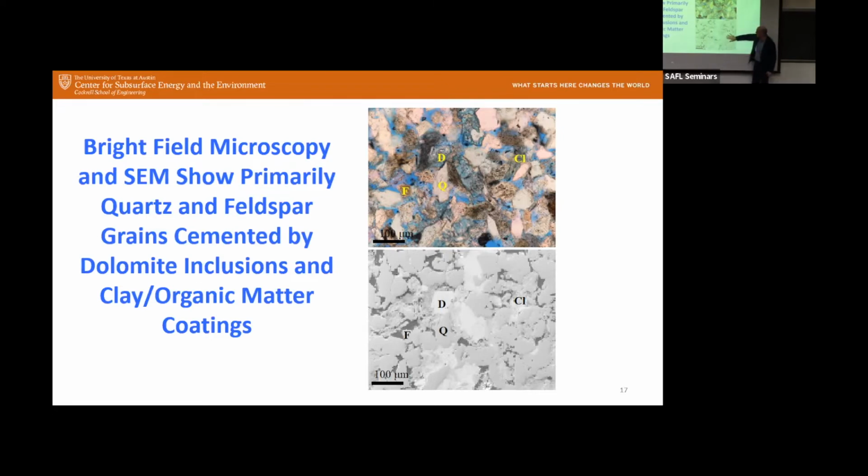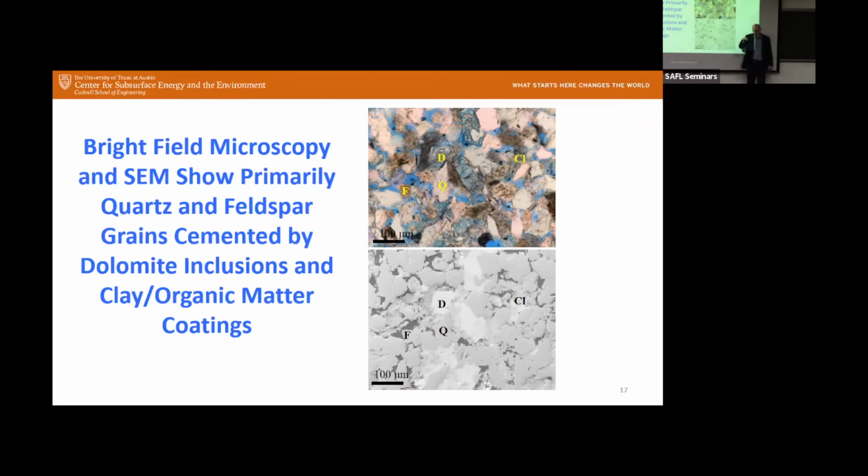But when we do SEM, the dolomites have a high iron content, and so you can start to see them really well. You find that the dolomites fill up the spaces and adhere to the boundaries of the grains. You can see how originally the sediments, the quartz and the feldspars, were deposited.